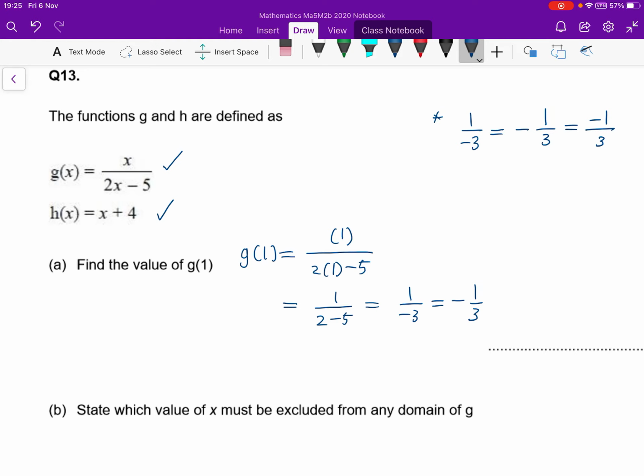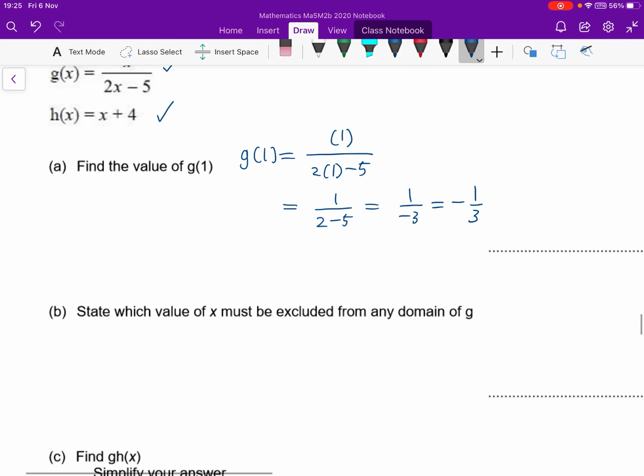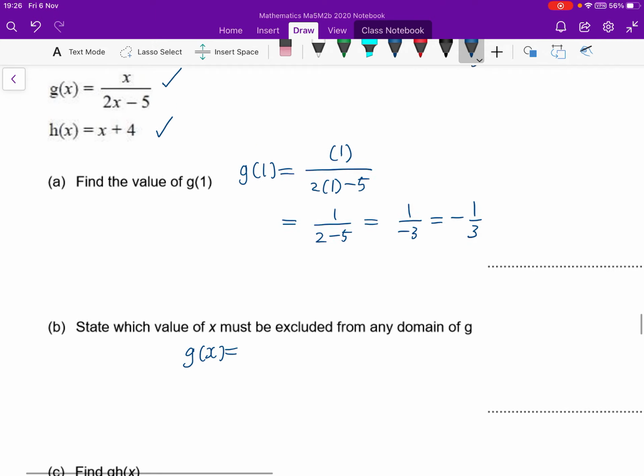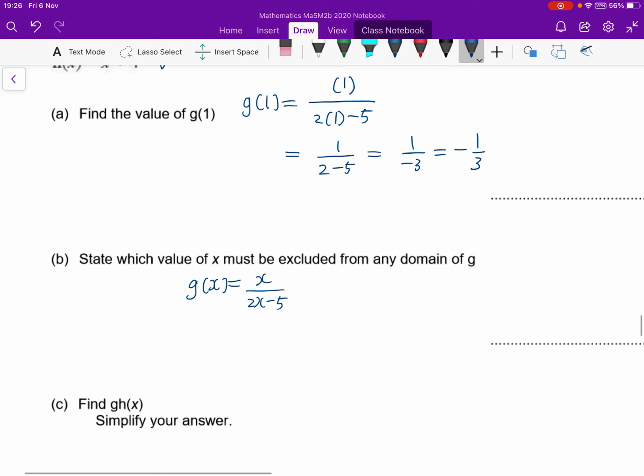Okay? Next bit. State which value of x must be excluded from any domain of g. Let's look at g. So you're told that g(x) is equals to x over 2x minus 5. Now we know in a function like this, the function will not work if you get the denominator, which is 0.